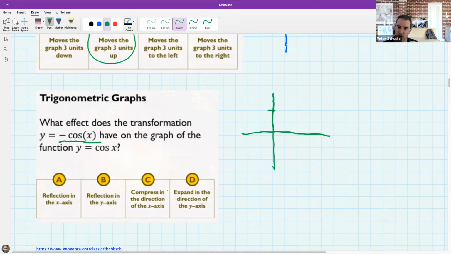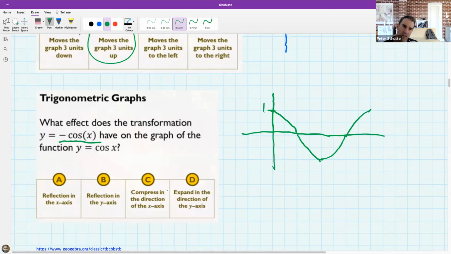It used to go like that, starting at 1 and then going down. What do you think this does? So that's what the normal cos graph looks like. What does the minus do? Think about this for a second.